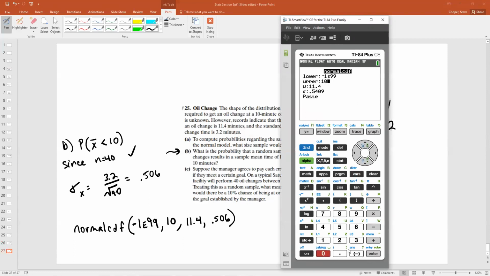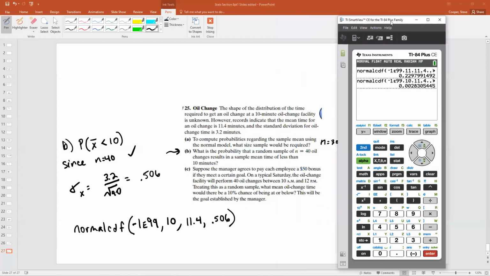Change this to 10. Still use 11.4. This becomes 0.506. Okay, so it's 0.0028.